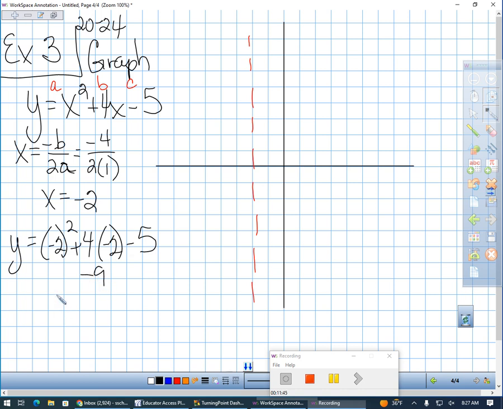So I have a vertex at negative 2, negative 9. So we're going to plot the vertex. So at negative 2, we're going to go down 9. 1, 2, 3, 4, 5, 6, 7, 8, 9. Put a dot. That is my vertex.